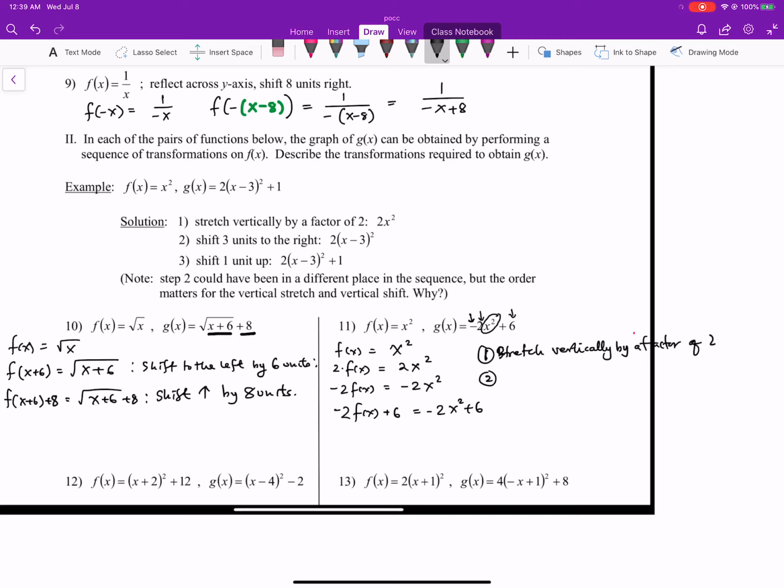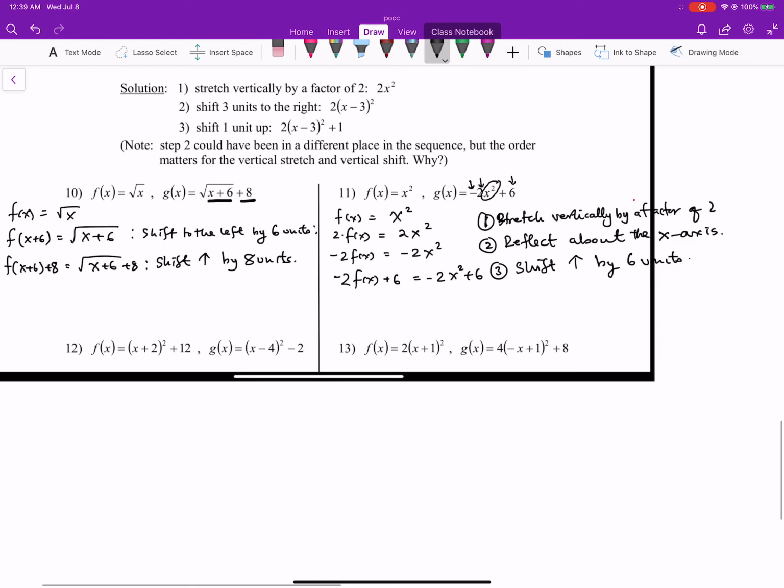Step 2 was reflect about the x-axis. And then my third step was to shift upward by 6 units. Okay, let's look at the last example.